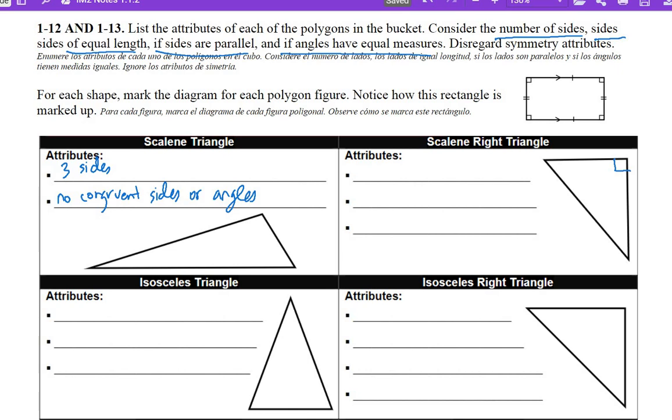This is a scalene triangle where one of the angles is 90 degrees. So it has 3 sides, no congruent sides or angles, and one 90-degree angle.